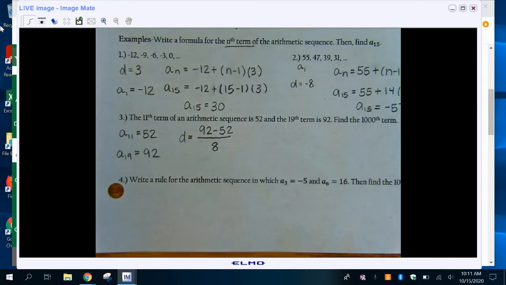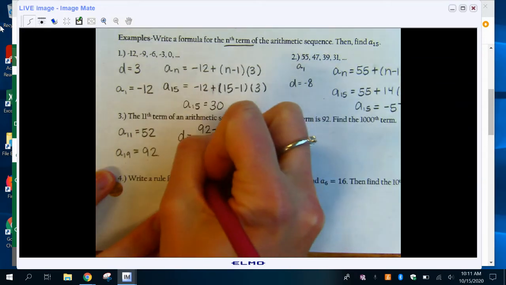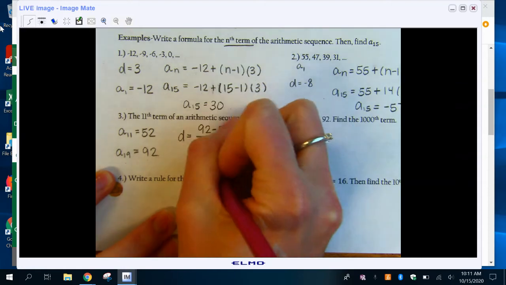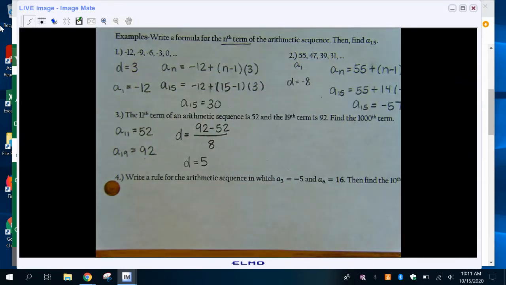So 92 minus 52 is 40. 40 divided by 8 is 5. All right, so I know that my common difference is 5, but in my equation, I need to know what the first term is, not the 11th term.